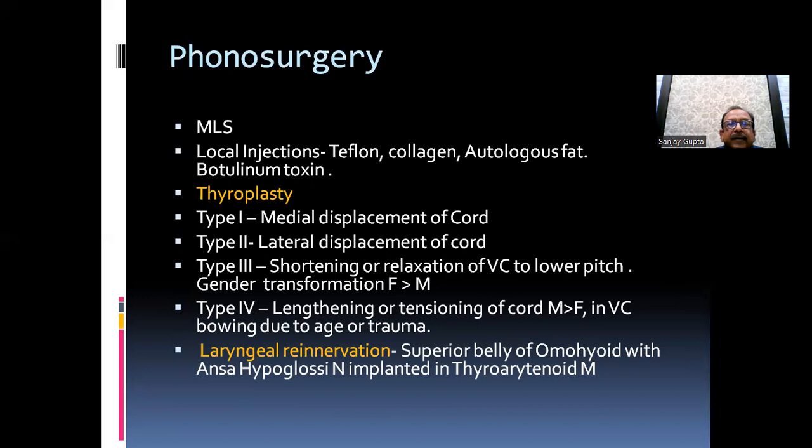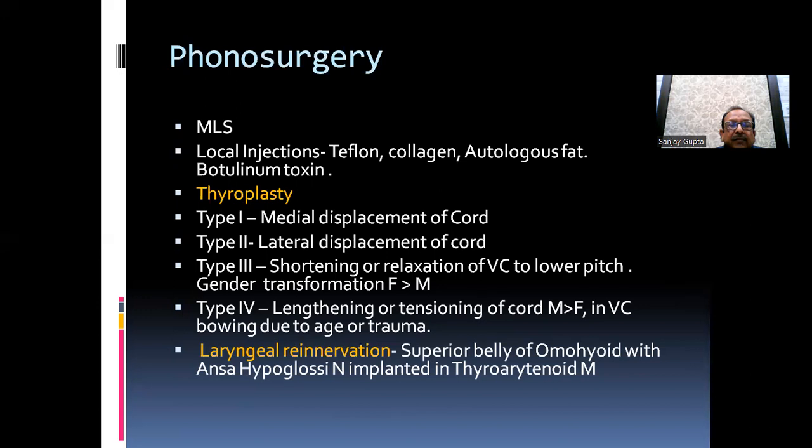There can be local injections of materials like Teflon, collagen, autologous fat, or botulinum toxin. Then various thyroplasty procedures are there.